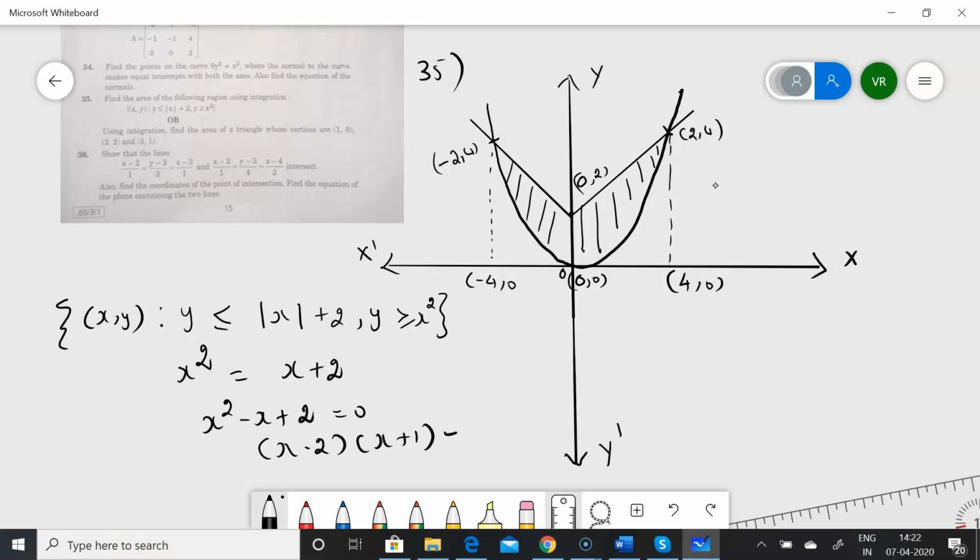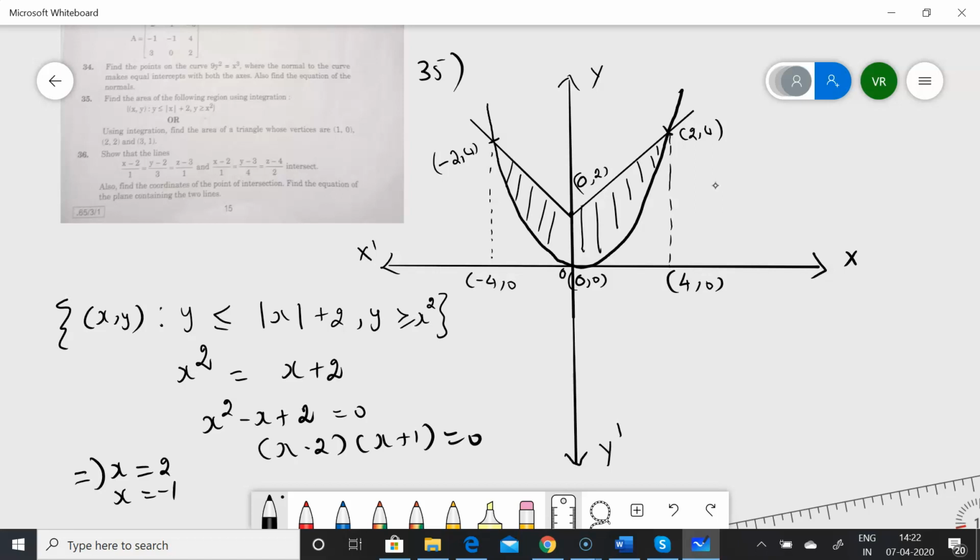Now you can see it is symmetrical about the y-axis. It is going to be symmetrically cutting on both the sides, so I can find the area on one side and then multiply it by 2. From this you can infer that x is equal to 2 and x is equal to minus 1.